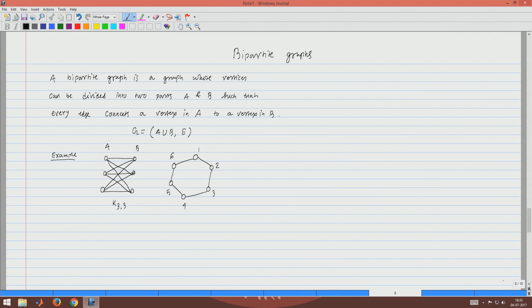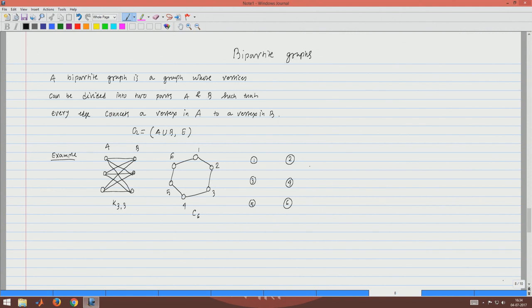Note that this is a C6 cycle of length 6, but this is also a bipartite graph because if you redraw it, for example, you put the vertices labeled with odd numbers 1, 3, 5 in one part, and all the vertices labeled with even numbers 2, 4, 6 in the other part.